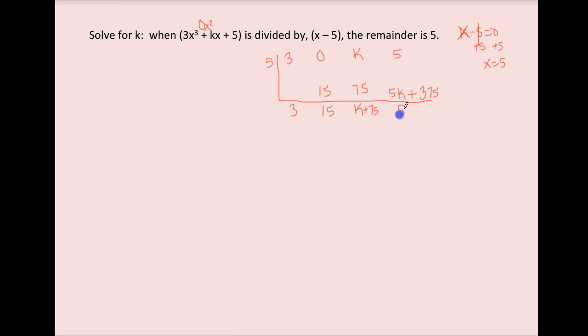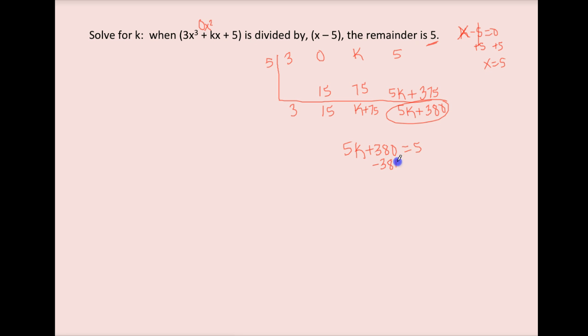So I get 5k plus 380. Again, our goal in the end was to take this value, which is the remainder, and we know that it should equal 5. So we take 5k plus 380 and set that equal to 5, and we solve to find out what k is.